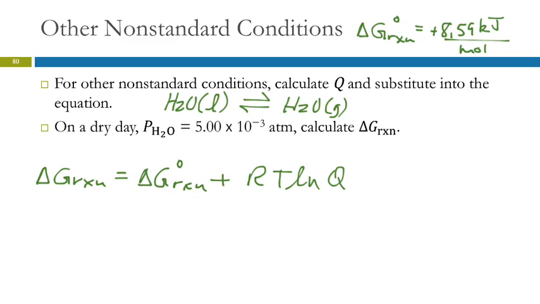And if we were to calculate K for that, it would either be the concentration of water in the gas state, that would be Kc, or for Kp, it would be the pressure, the partial pressure of water in the gas state. The liquid water doesn't come into it because it's a liquid, its concentration doesn't change. So they're saying here's the pressure. The pressure is equal to Q for this situation.